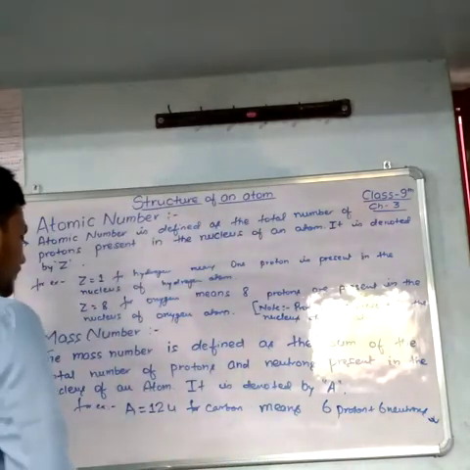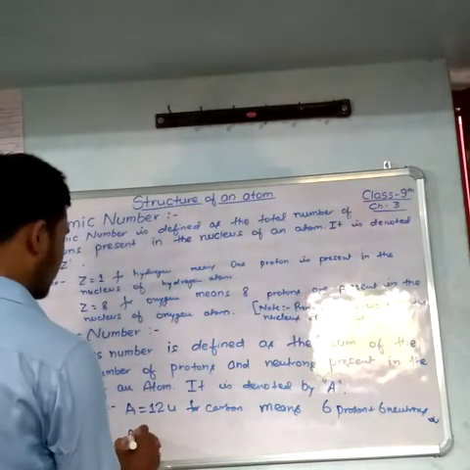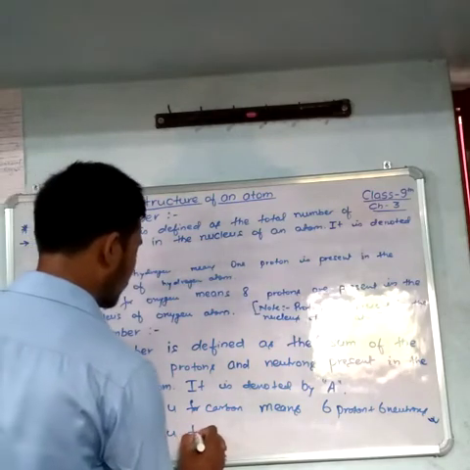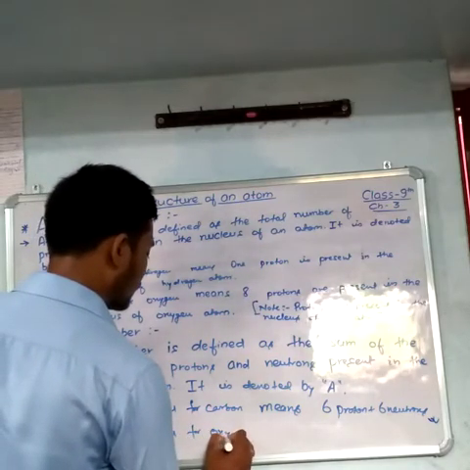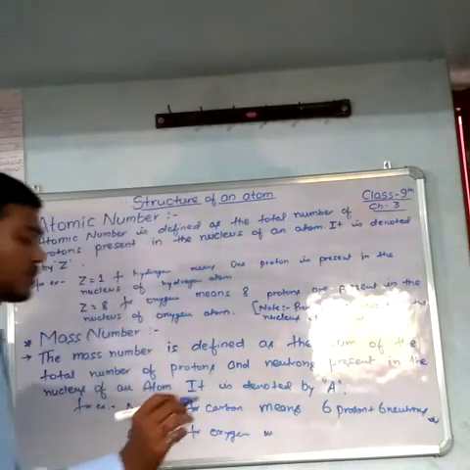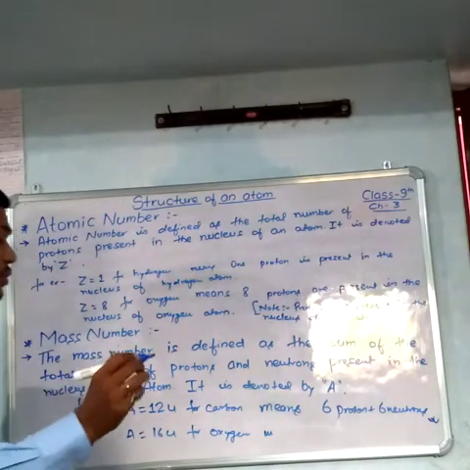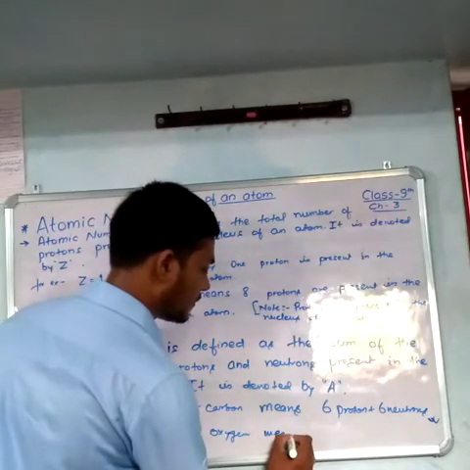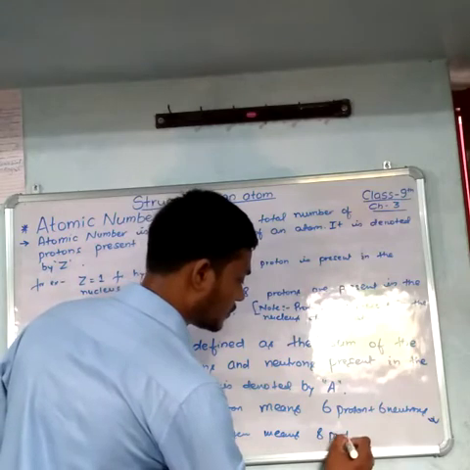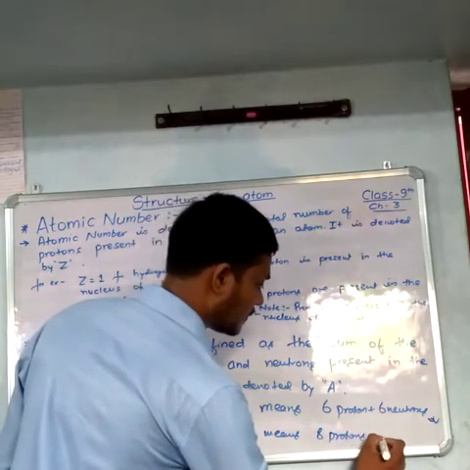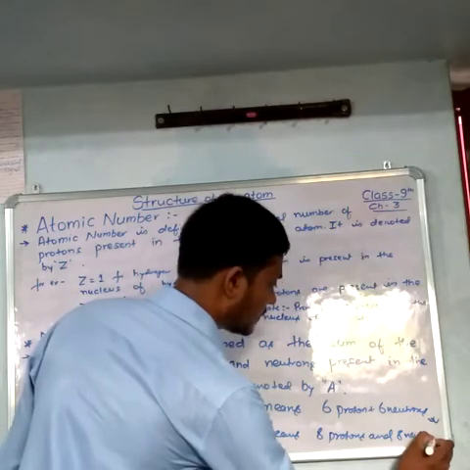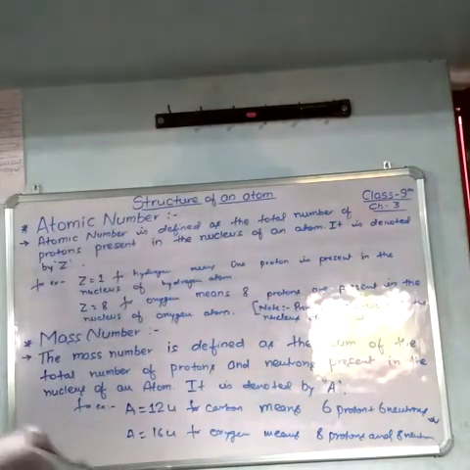Okay, second example, if 16U for oxygen, it means the mass of oxygen is 16U, which means 8 protons and 8 neutrons present in their nucleus.